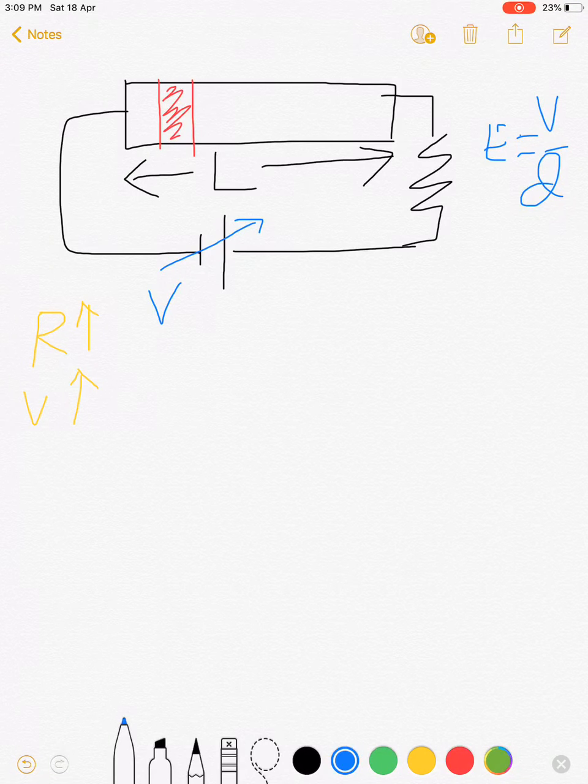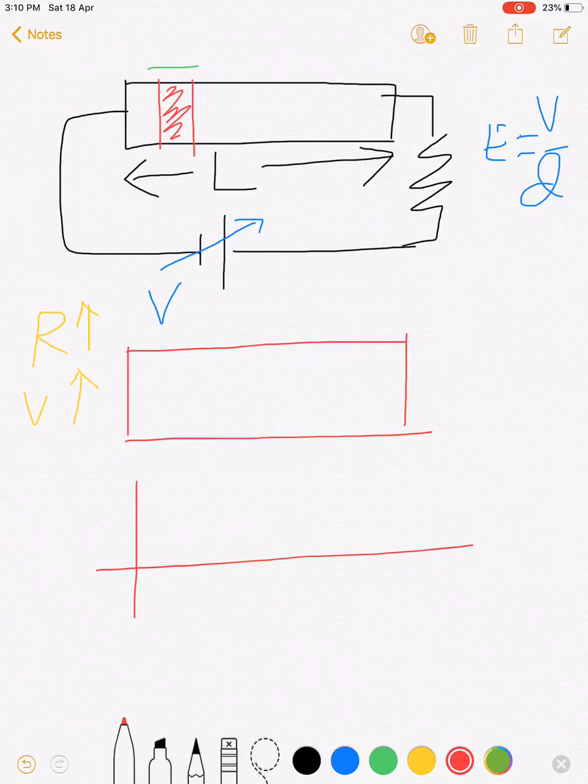So as in this region the charge carriers are less, the resistance is more, so there will be a kind of peak in this particular area, and intensity will be higher here. So if we plot the intensity over here, it will be something like this. Now this will be your intensity, and this will be your length.